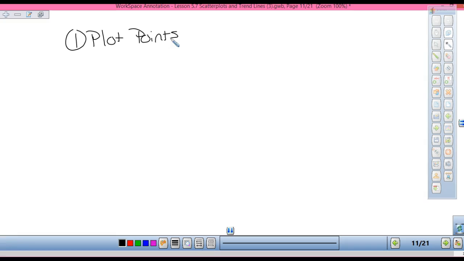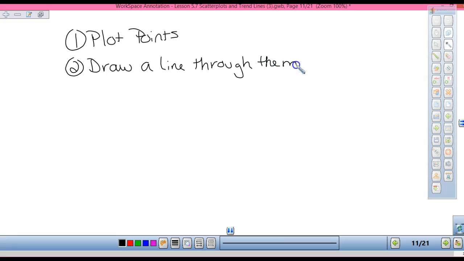All right, so step 2 is draw a line through the middle of the points. Okay, so this does not mean we are playing dot to dot. We're not going to have this big jagged line by connecting all the dots.